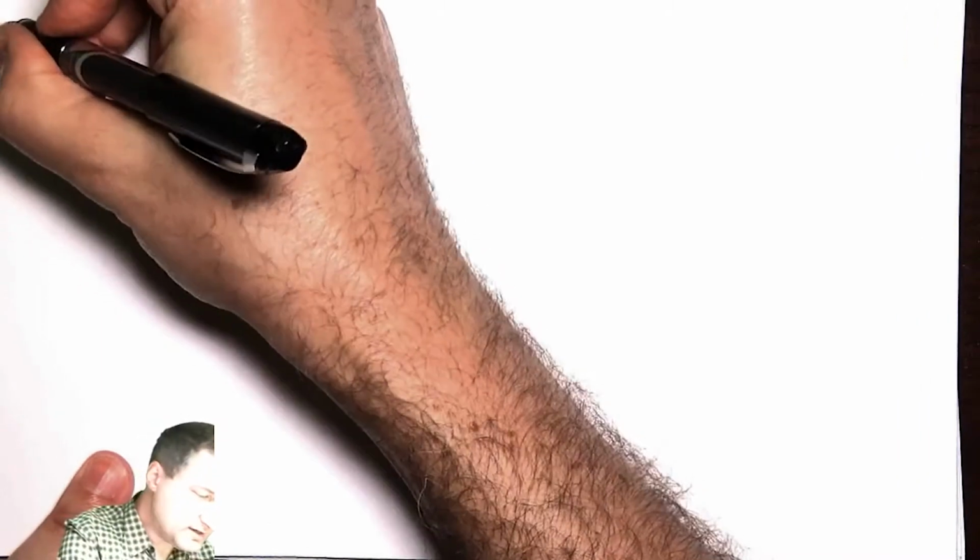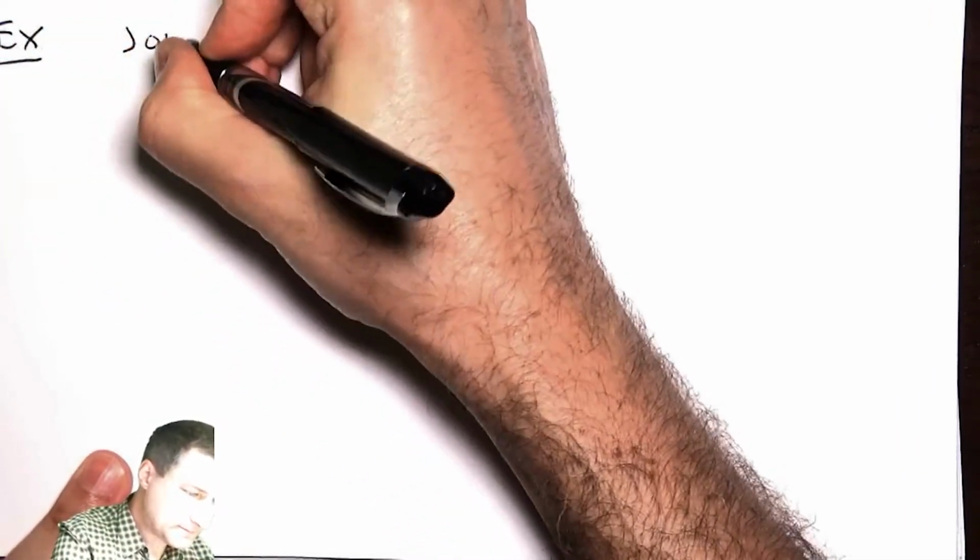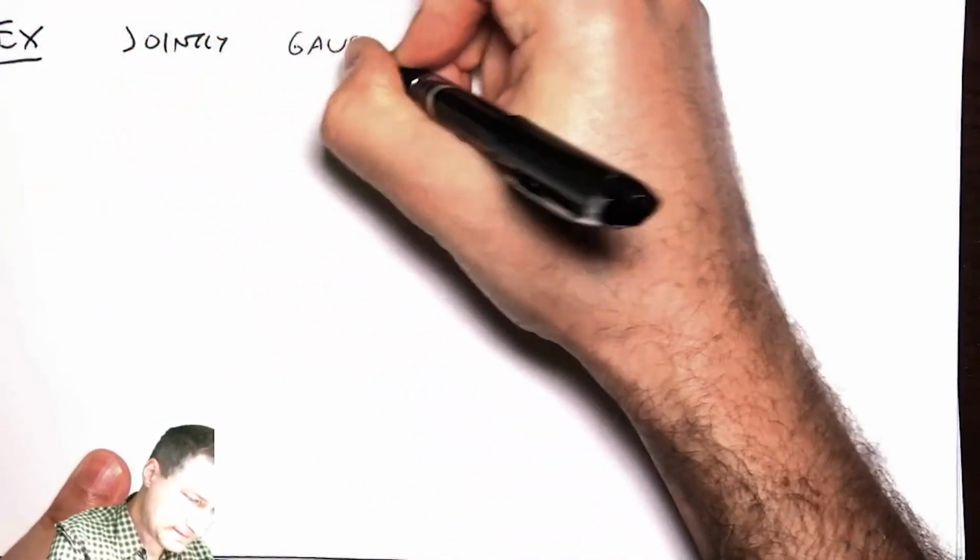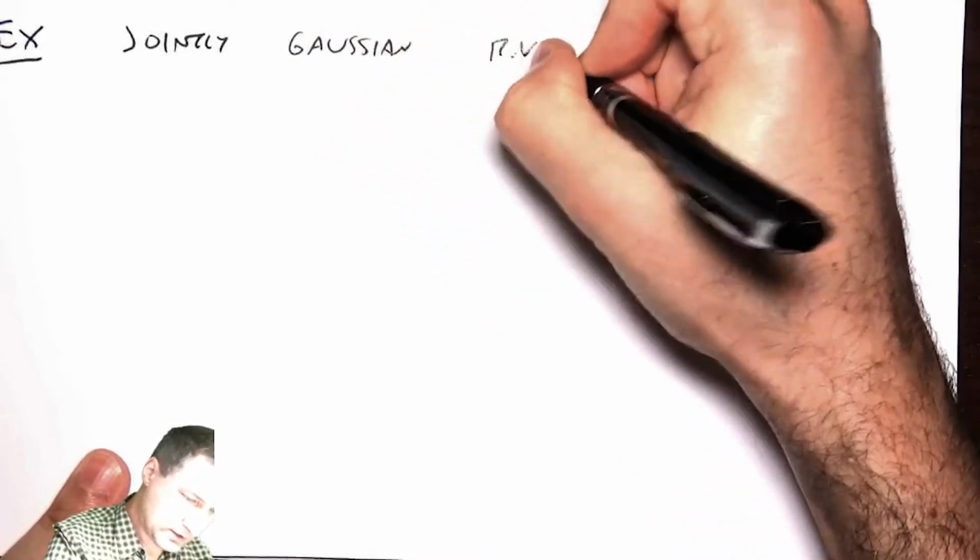To do a continuous example, remember the jointly Gaussian random variables.